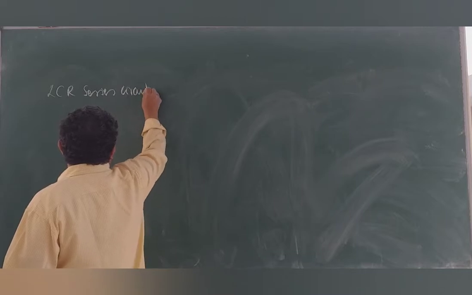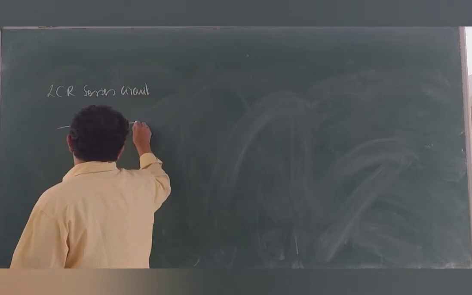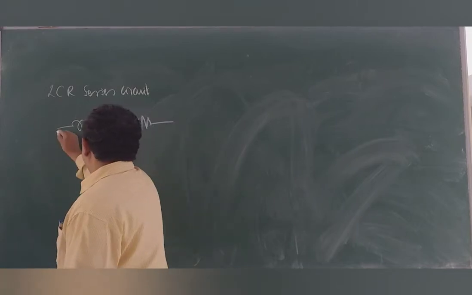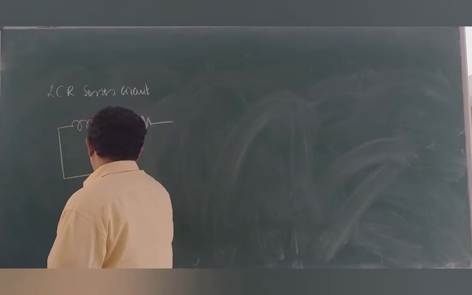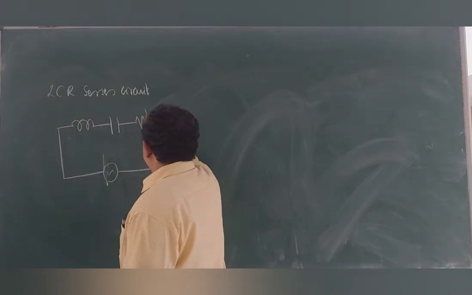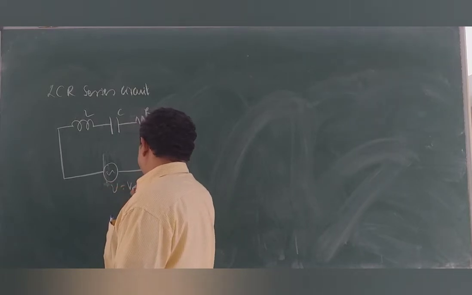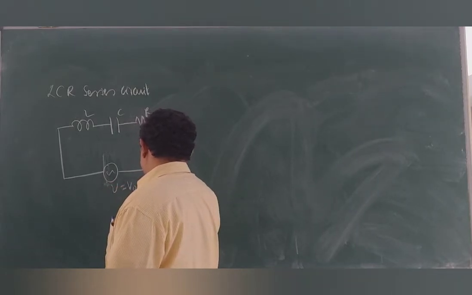Series circuit. We have L there, C there, and resistance R applied with AC voltage like this. This is R, this is C, this is L, and V applied is V naught sin omega t.